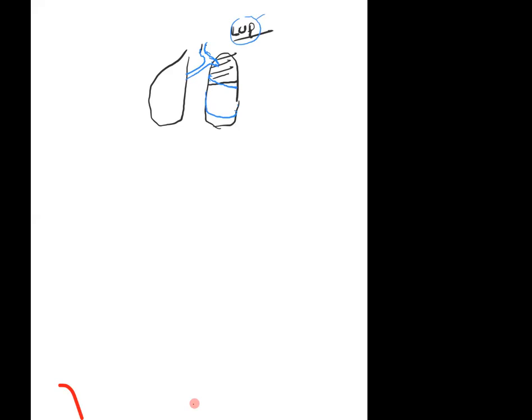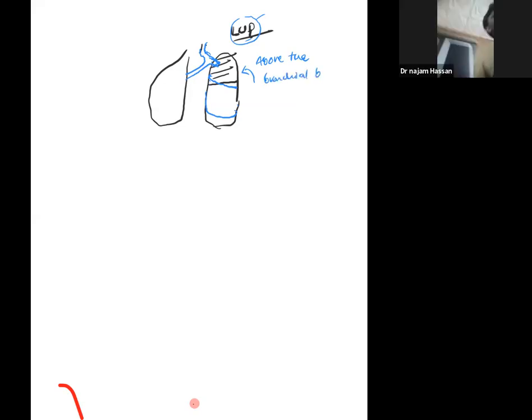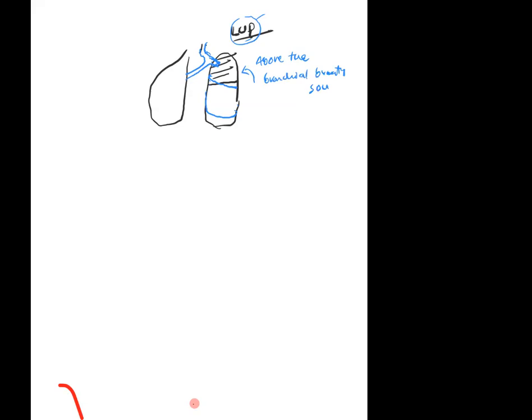Number one, you will find a scar on the left side. If you consider above and below the scar, above the scar, if you are examining the patient from the front and the trachea is already shifted to the left side, you will find bronchial breath sound plus increased vocal resonance.